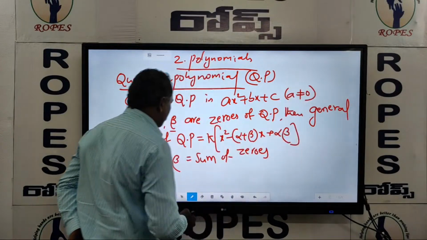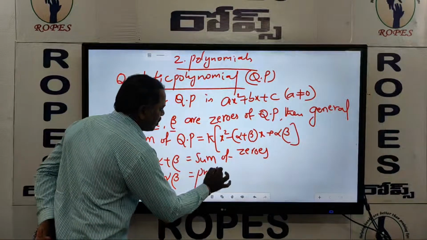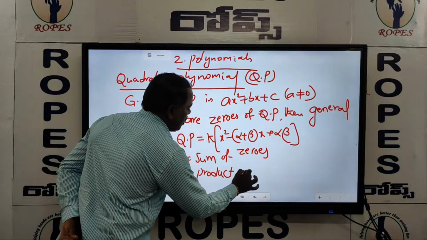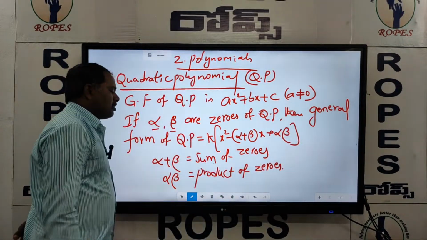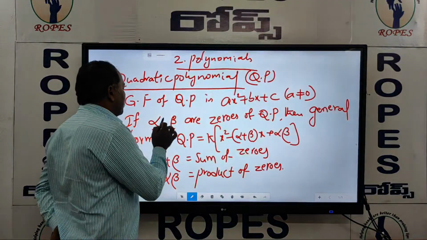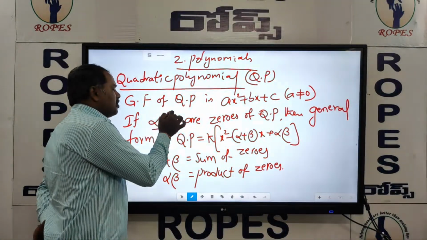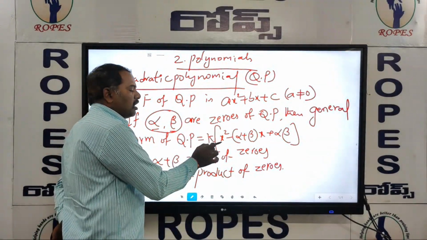This is the condition, don't forget that. Now alpha beta is equal to the product of zeros. So like this we can find the quadratic polynomial when they are giving two zeros.